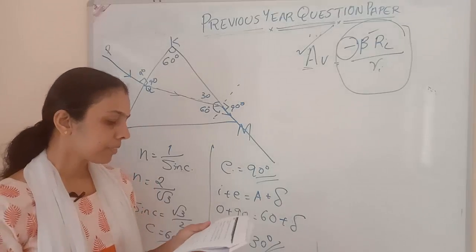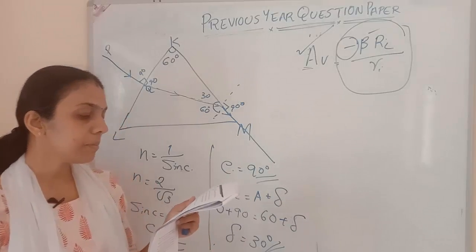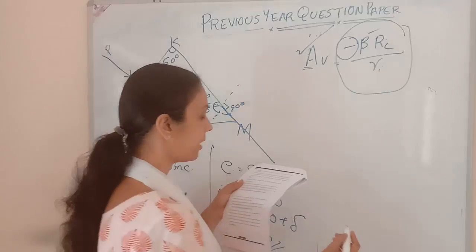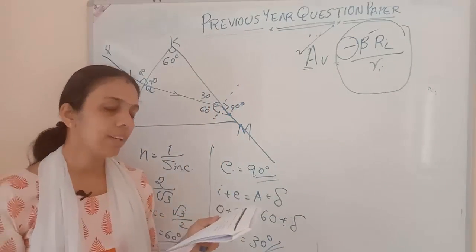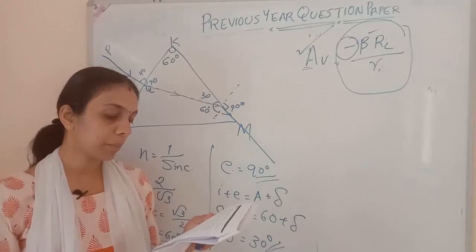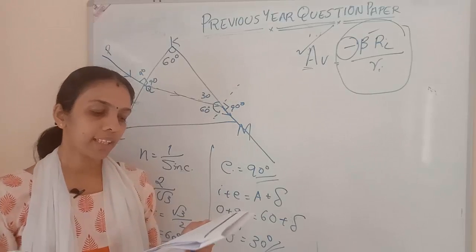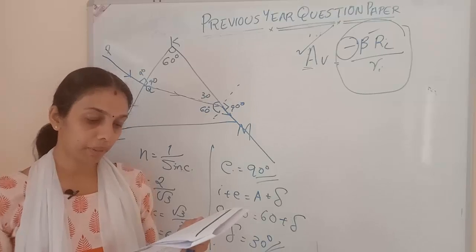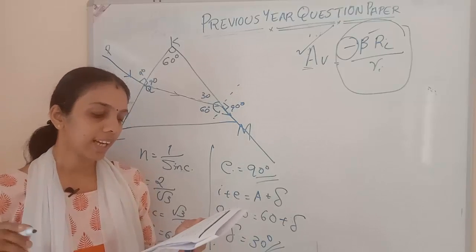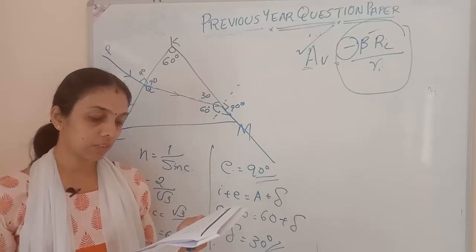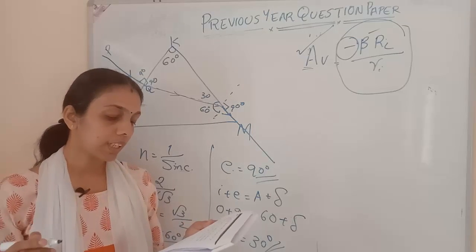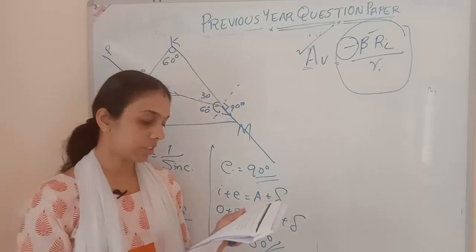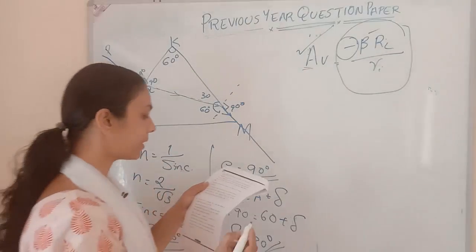Then, in a transistor, a change in base current of 30 microampere produces a change of 0.02 volt in the base emitter voltage and a change of 4 milliampere in the collector current. Calculate the current amplification factor and the load resistance used if the voltage gain of the amplifier is 400. So what is the given data?